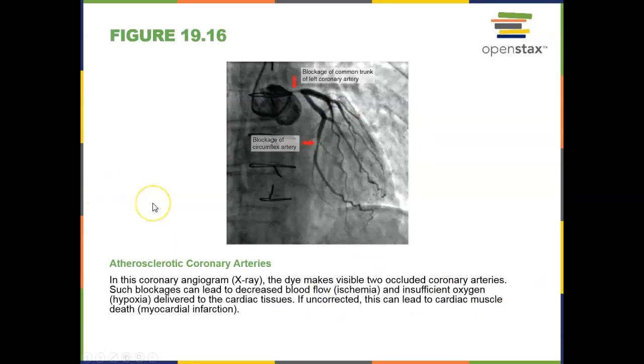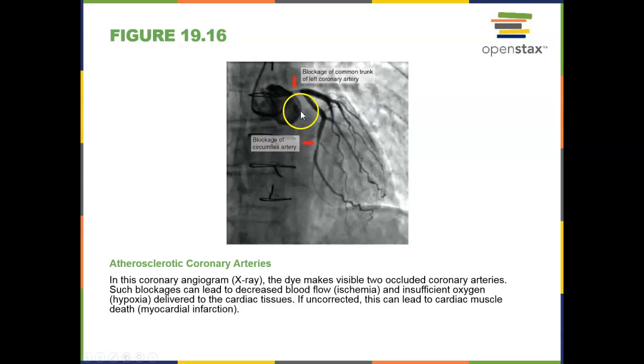So any blockage in your coronary arteries or in the vessels off the coronary artery can lead to problems with the heart pumping properly. And so here is a figure.